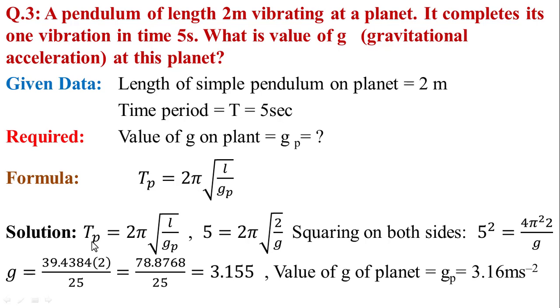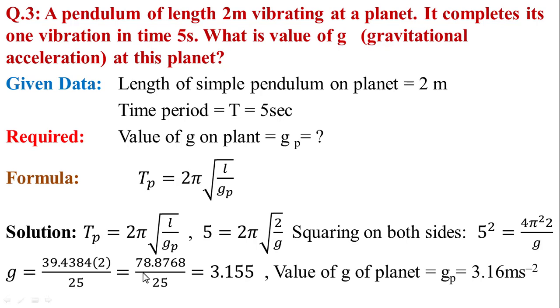So we have Tp is equal to 2 pi square root of L over G. Putting the values, 5 is equal to 2 pi square root of 2 over G. Taking square on both sides, 5 square is equal to 4 pi square multiplied by 2 divided by G. Then G is equal to 39.4384 multiplied by 2 divided by 25.